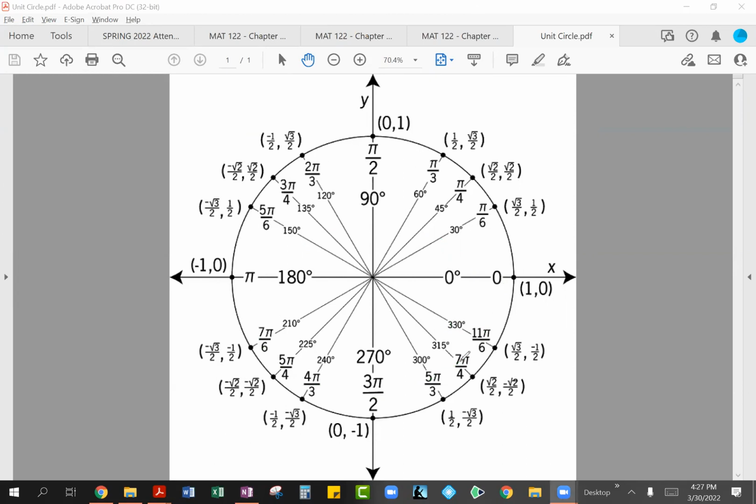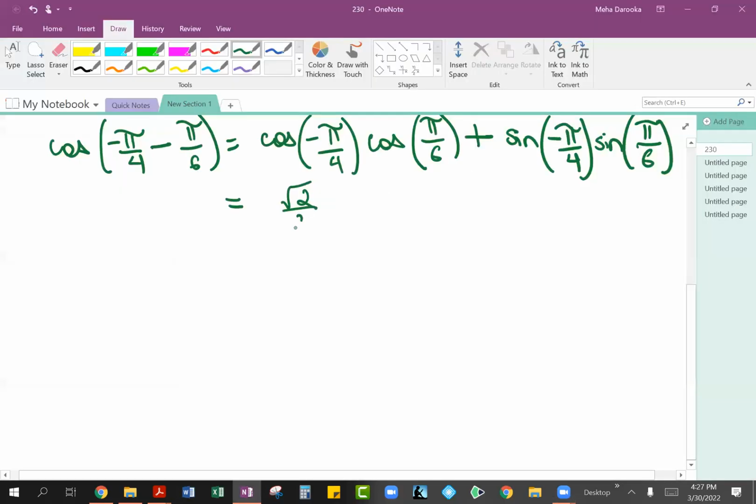Yeah, very nice. Exactly. Savannah, very good. So this is your same thing as negative pi over 4. So remember, the first one is cosine, the second one is sine. So that's the value you're going to use. So square root of 2 over 2 for cosine, negative square root of 2 over 2 for sine. Okay, so square root of 2 over 2 for this guy, and negative square root of 2 over 2 for this guy.